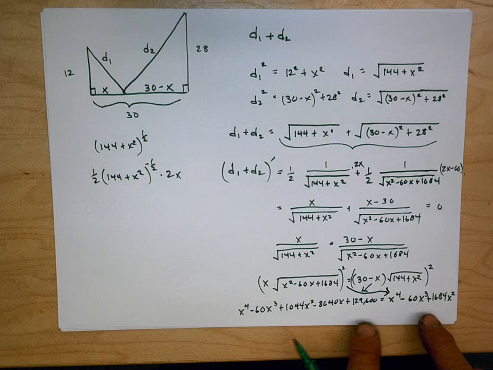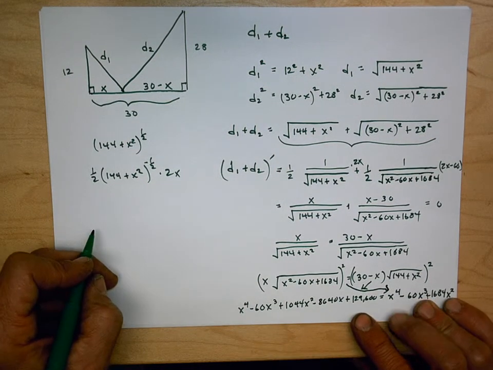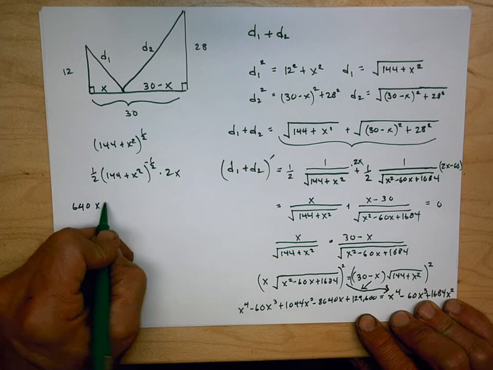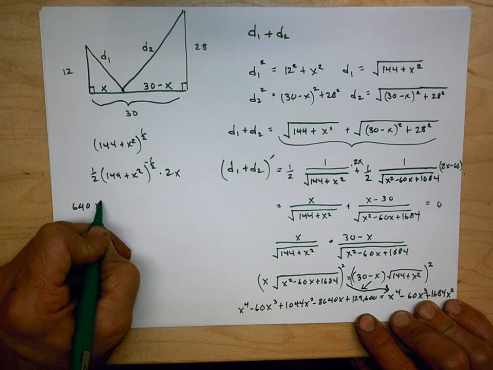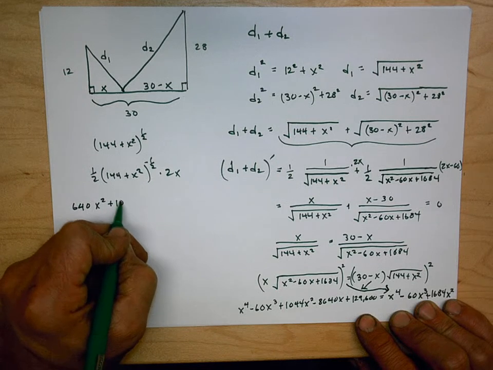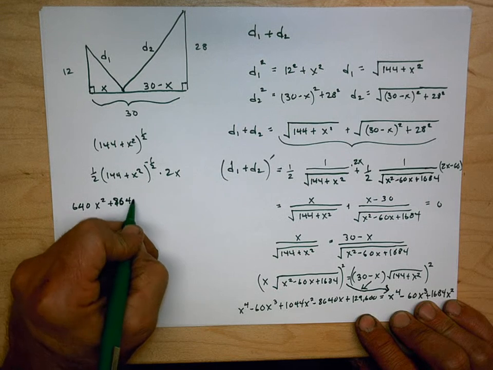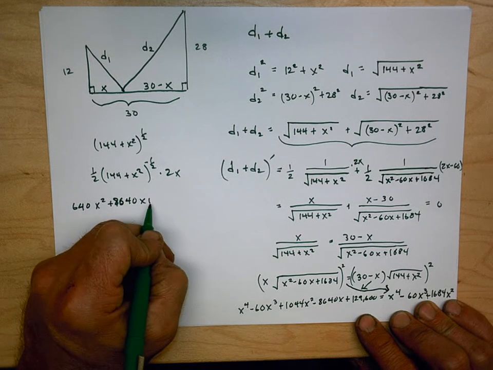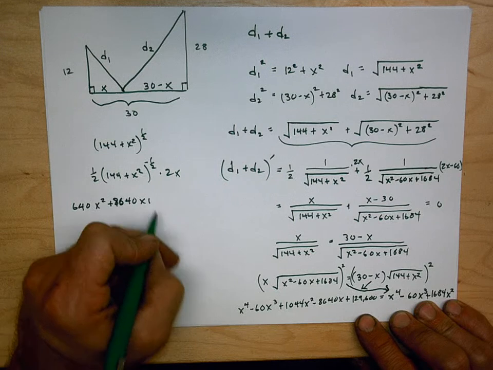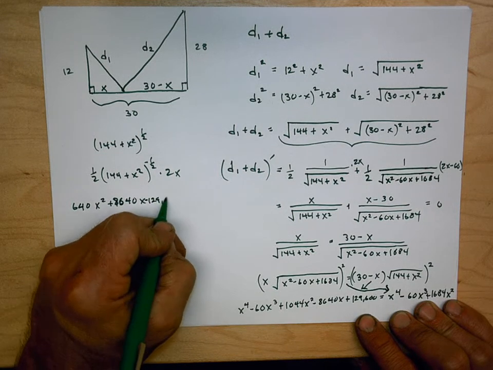And then if we put everything on one side, we end up with 640x squared plus 8640x minus 129,600. We set that equal to 0.